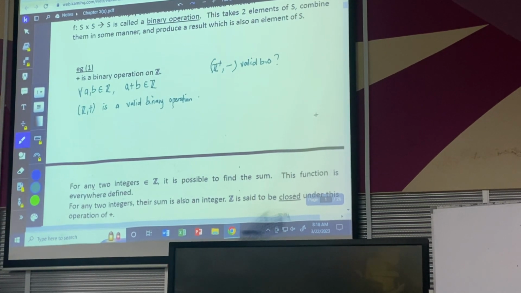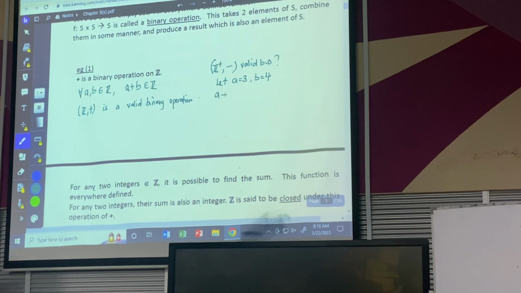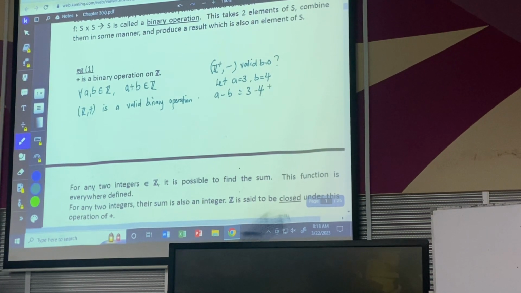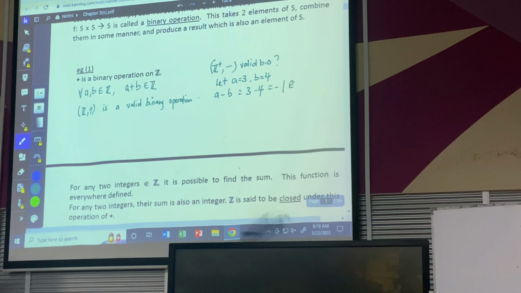Not all. For example, 3 minus 4 ends up as negative 1. So let A equal 3, B equal 4. When we have A minus B, we get 3 minus 4, which is equal to negative 1. This does not belong to the positive integers.